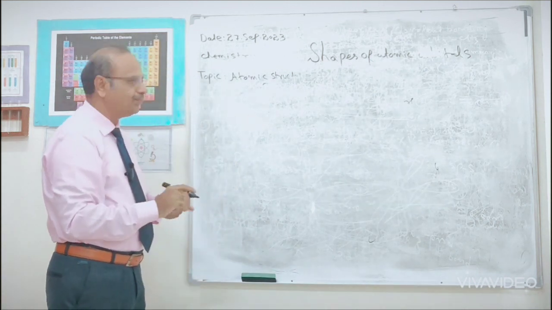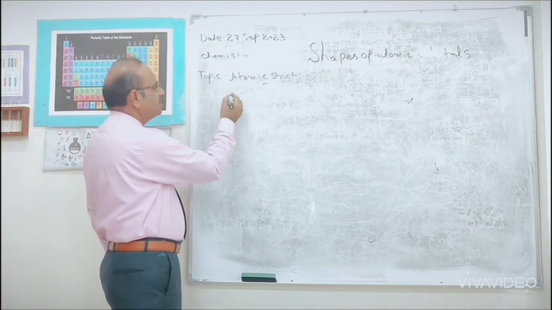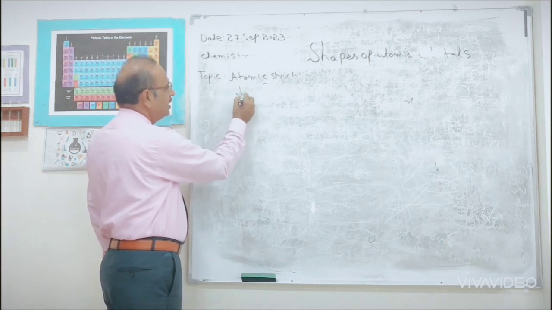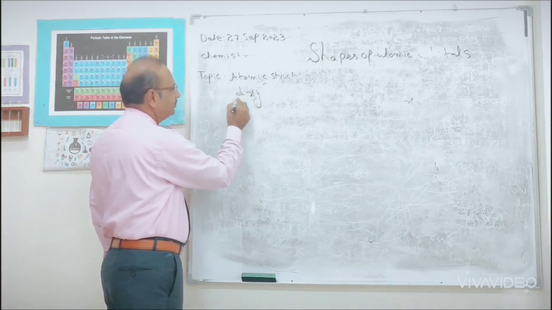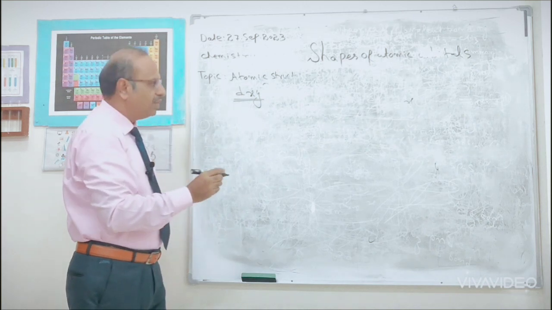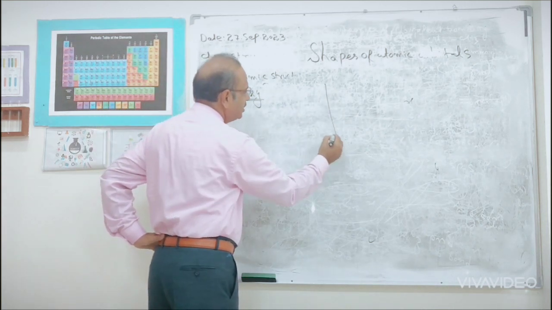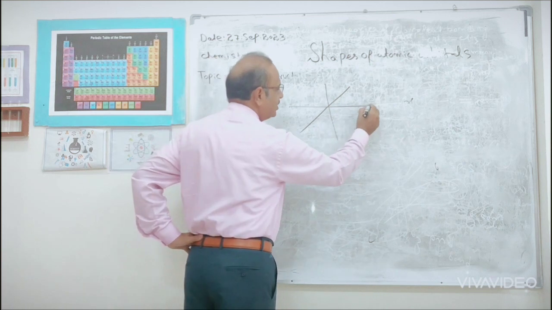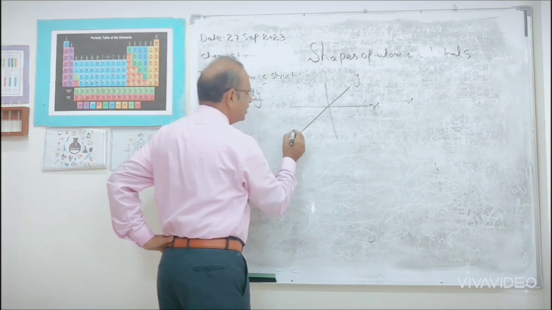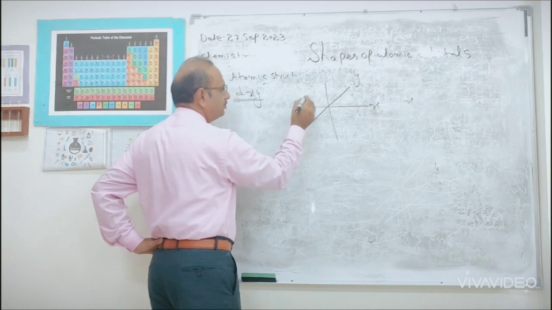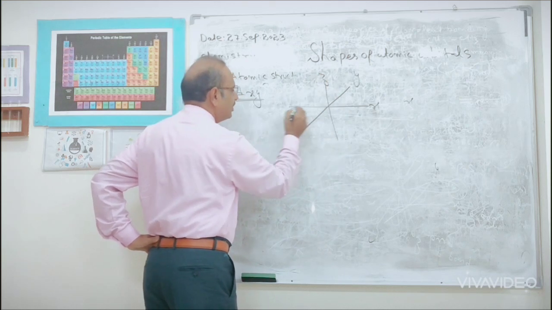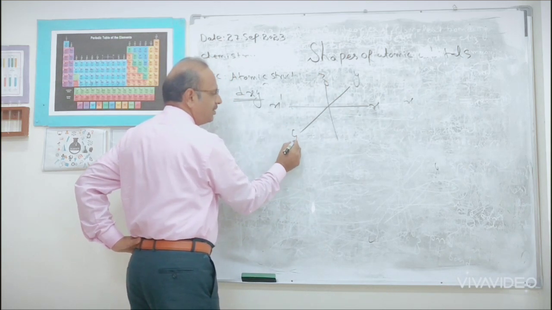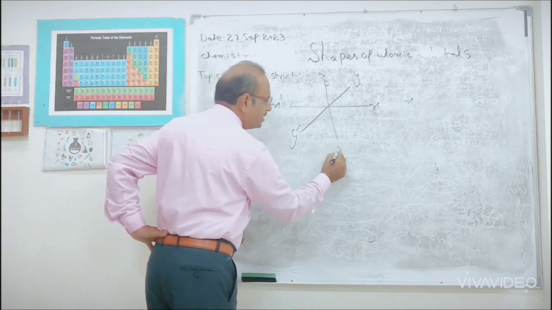We show the axes, and for example, the first one is dxy. We draw the three axes again: x-axis, y-axis, and z-axis, with x dash, y dash, z dash.